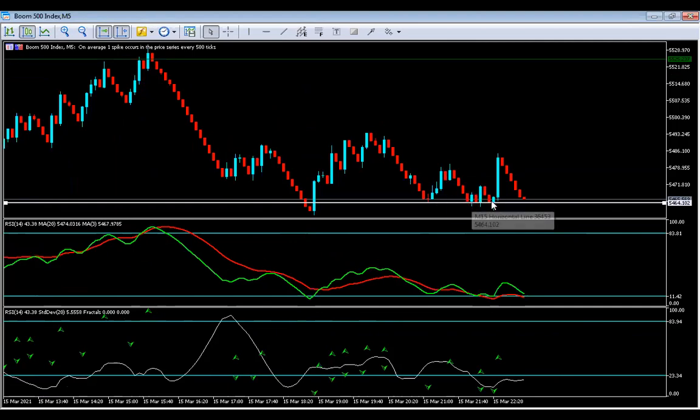Here was a support zone to push the market upward. There's every tendency that once this market gets to this zone again, there's going to be a spike. And I hope that will happen while we're on this webinar so that you get to see that this market is going to spike up again when it gets to this level. Why? Because this level is a support area for this market.